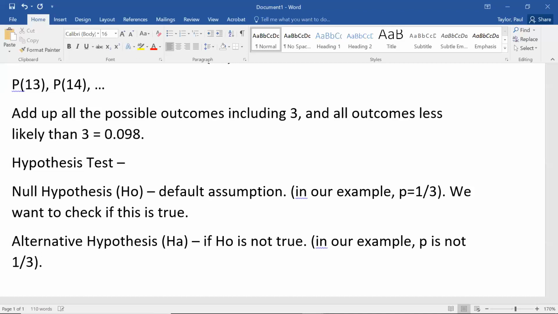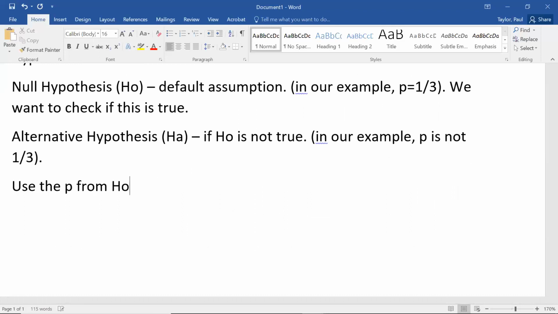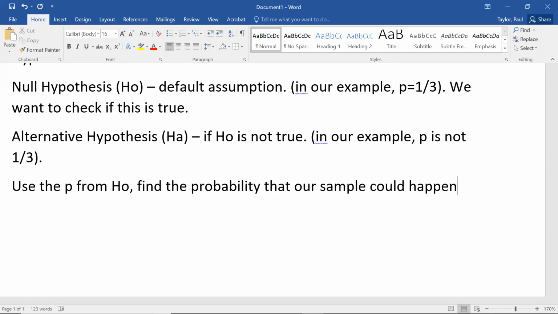All right. So the way the hypothesis test works is we use the proportion p from the null hypothesis. So the null hypothesis is that the probability of an event is a specific number. Using that proportion, we find the probability that our sample could happen, or something more unusual.